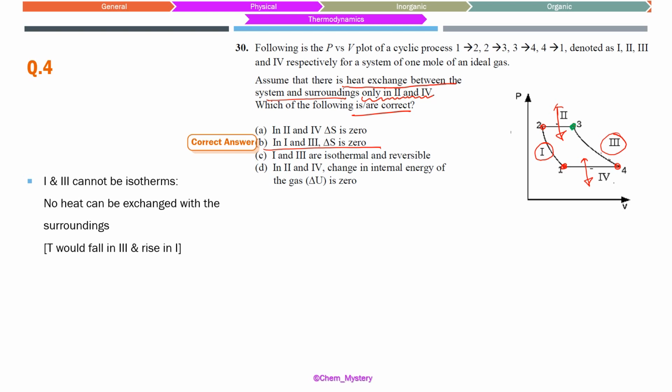And because we have been given heat exchange only for the second and fourth processes, that means there is no heat exchange allowed over here. In this case, since no heat is exchanged, we could write Q is equal to 0. So if Q is equal to 0, this cannot be simply an isothermal process.